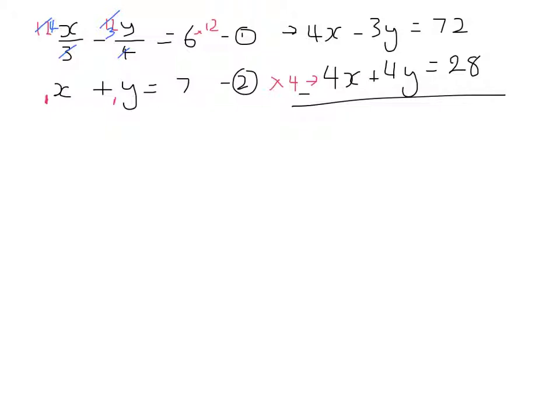Now if we take them away, so we have 4x take away 4x is 0x. Negative 3y take away 4y is negative 7y equals, and next we have 72 take away 28, which will be 44.